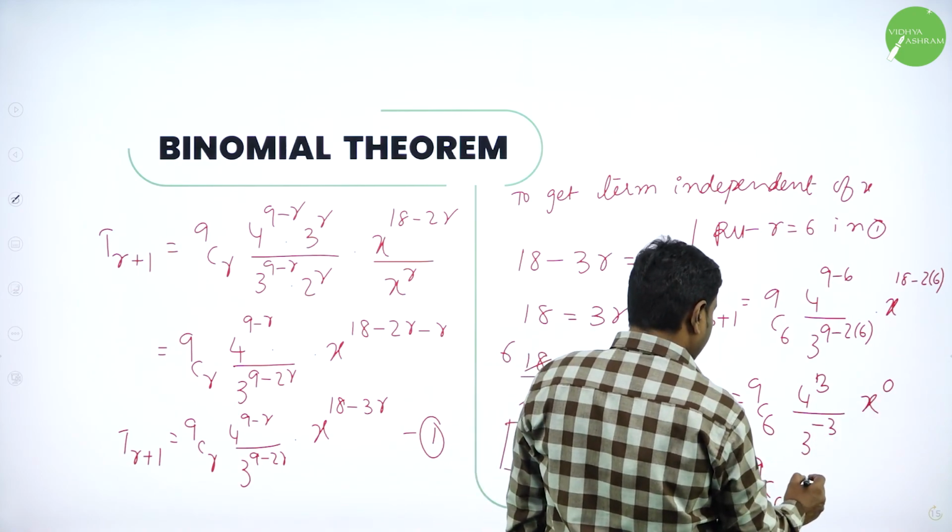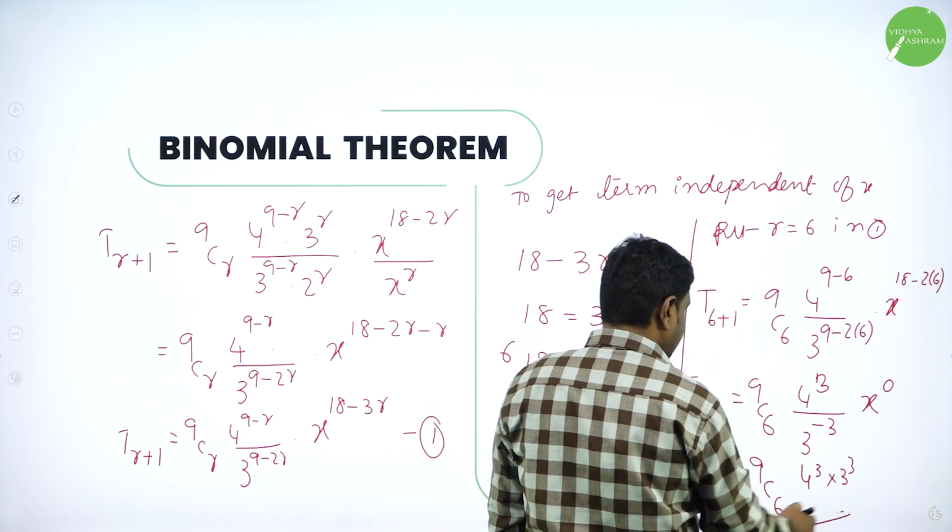Anything to the power 0 becomes 1. 4³, and you take the 3^(−3) up, it will become 3³. This is the term independent of x.